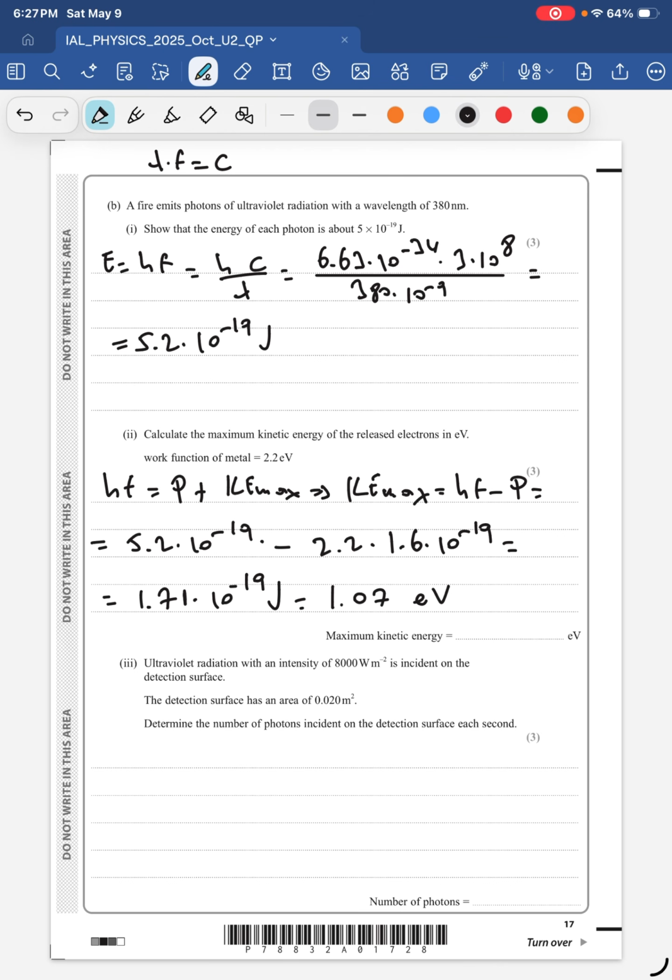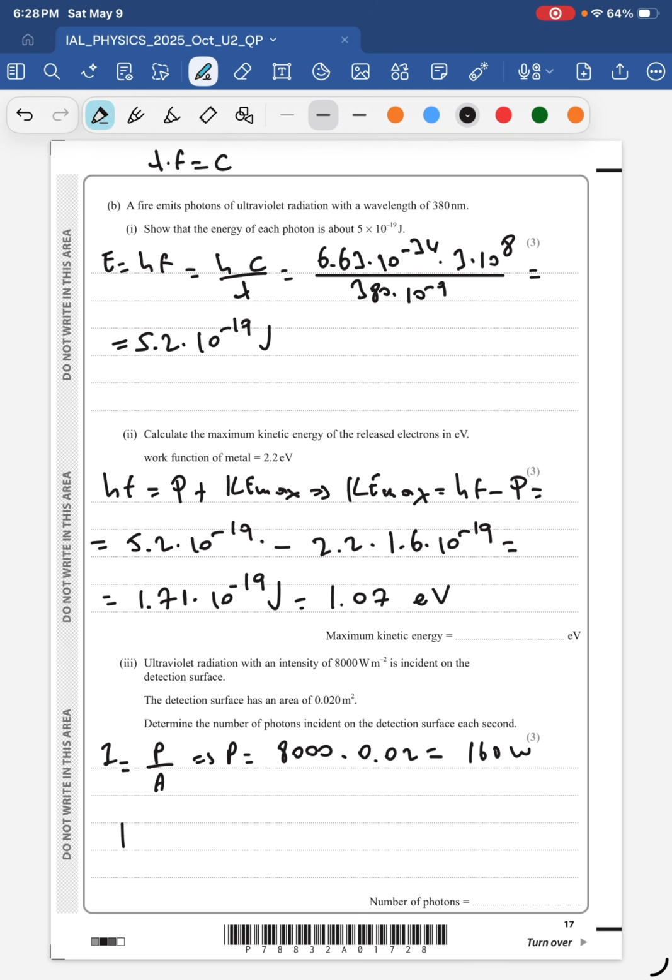Part 3. UV radiation with an intensity of 8,000 watts per square meter is incident on the detection surface. The detection surface has an area of 0.02 square meters. Determine the number of photons incident on the detection surface each second. The intensity is equal to the power over area. So power is the intensity, 8,000 watts per square meter, times 0.02 square meters, which yields 160 watts.